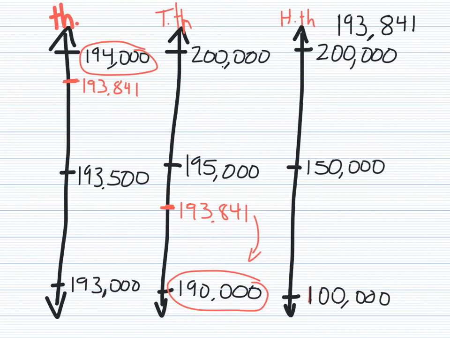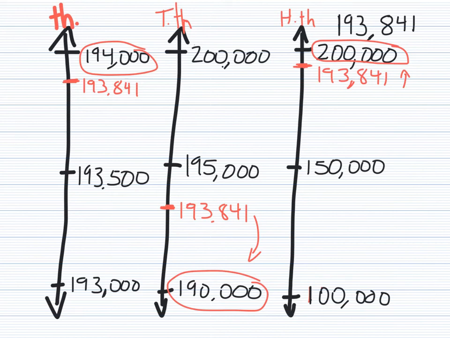Now 193 is larger than 150. This 193,000 is much closer to the 200,000. That is going to be kind of way up here on the number line, 193,841. So in this case, we are going to round up to 200,000.